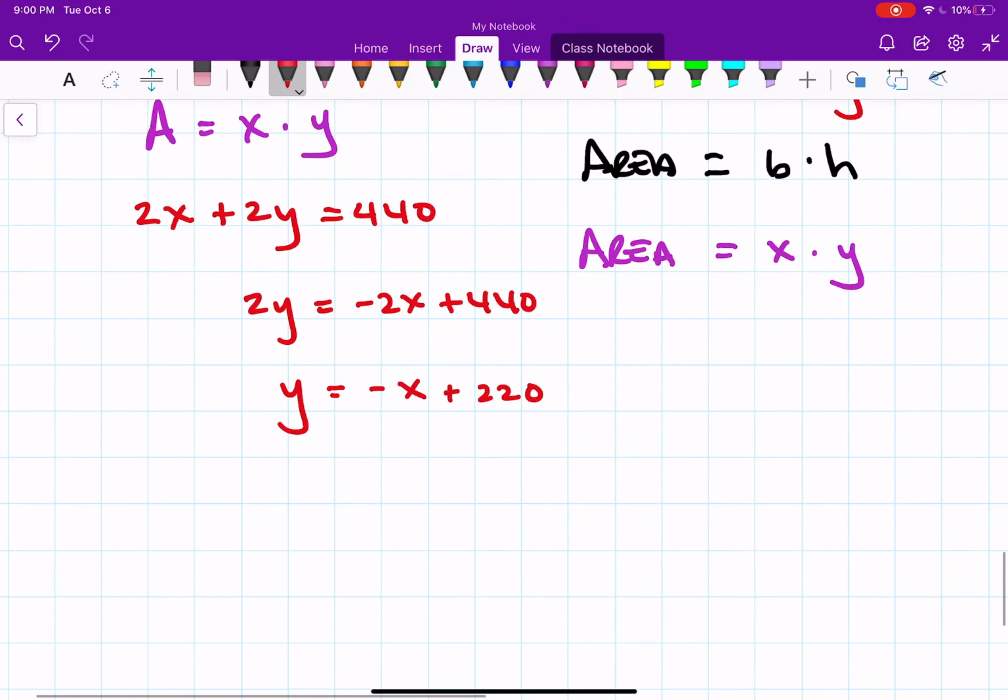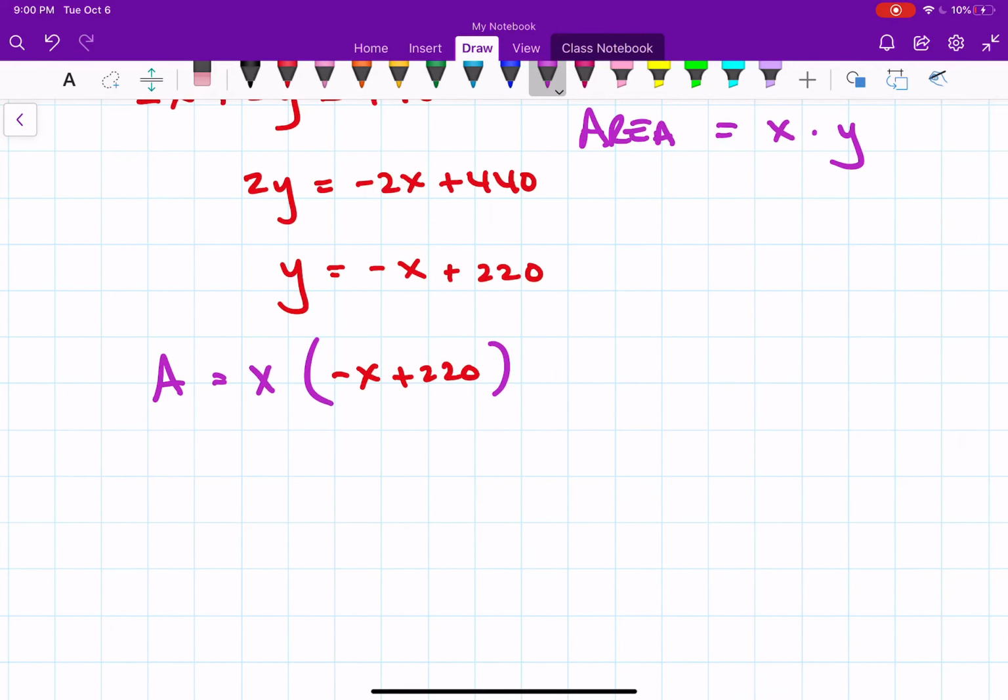Okay, so now I'm going to plug it into my A function, right? So I got x times negative x plus 220. Okay, and when I put this together, I got A is equal to negative x squared plus 220x.